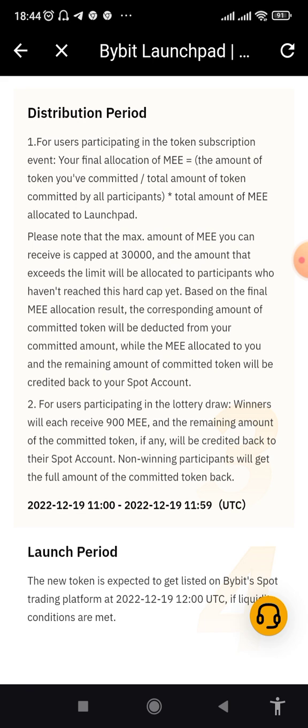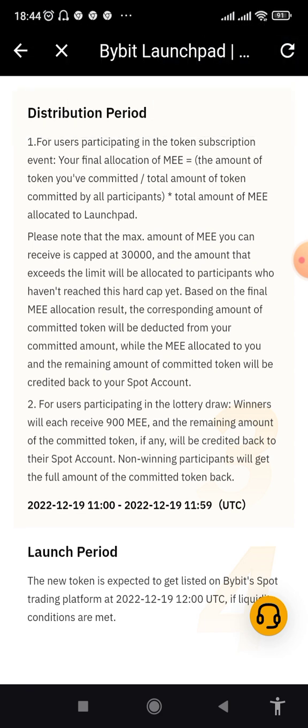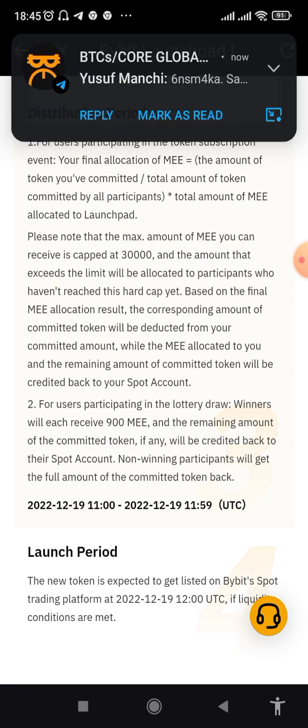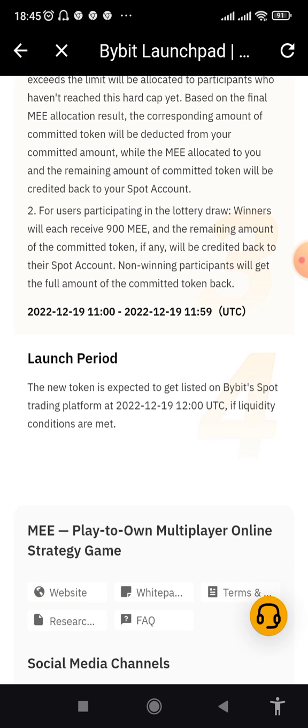They will only give you coins equivalent to the amount of ME token it is worth. Okay, you get the 30,000 ME token under distribution, as well as an extra in your spot wallet equivalent to the amount of ME token. Okay, so that's it.